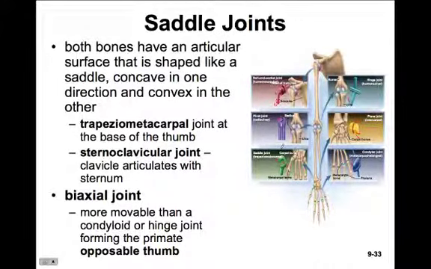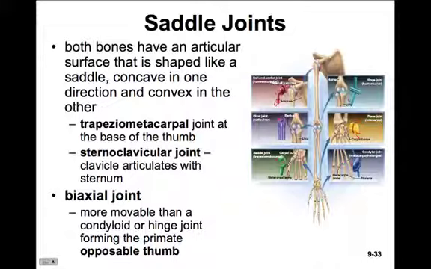Saddle joints, as we see in some of the carpometacarpal joints, have both bones with an articular surface that's shaped like a saddle. So one saddle onto another saddle, you can see here. They're concave in one direction and convex in the other.